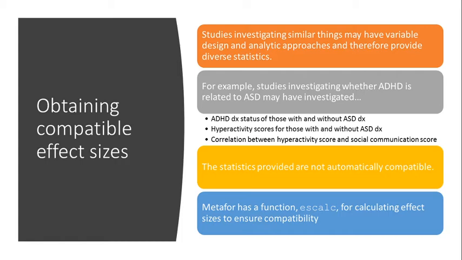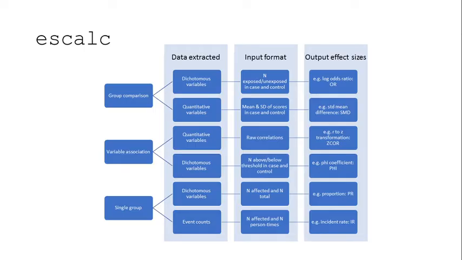So I've used escalc for a meta-analysis that I did run on correlation coefficients. And that wasn't necessarily to convert information from different studies to be compatible, but it was because in meta-analysis it's recommended not to use R values for entering into the meta-analysis.